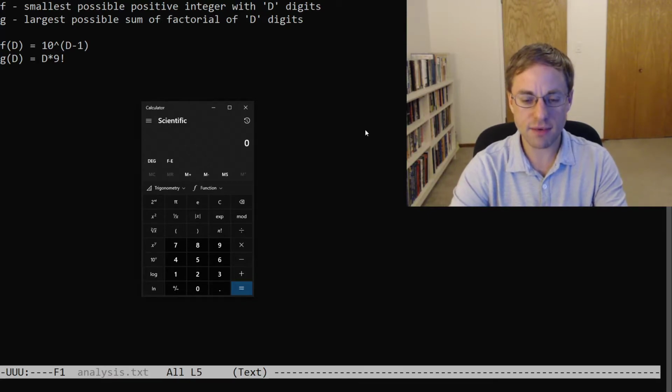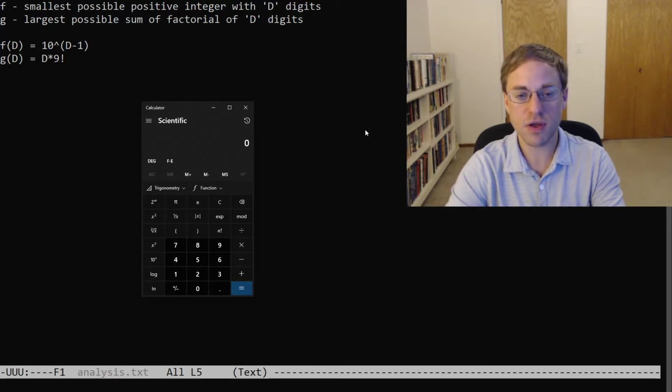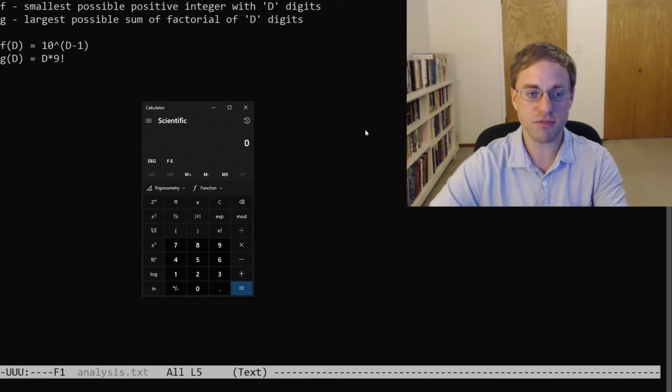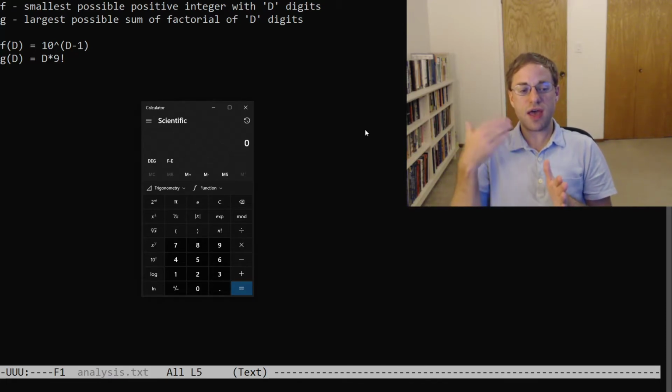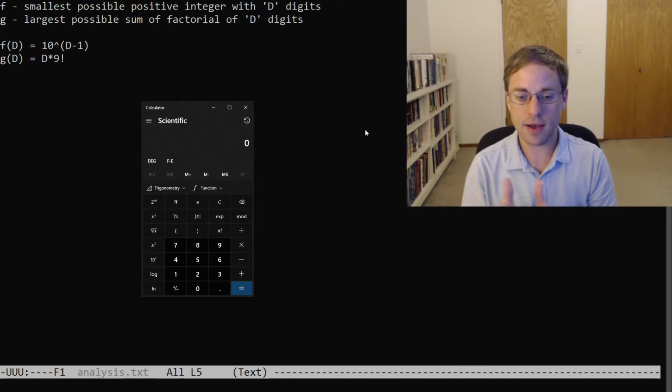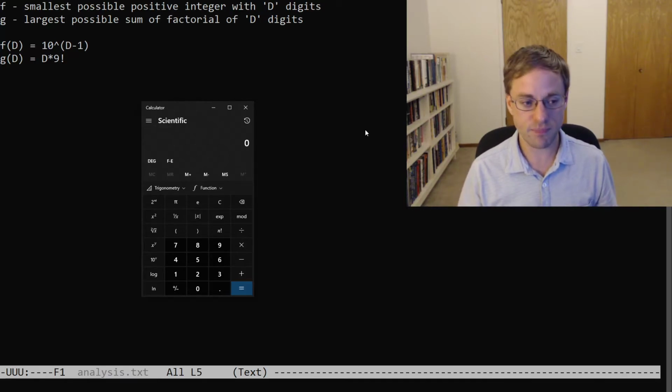We'll notice that 9 factorial is itself a 6-digit number, so obviously we don't have to consider whether the point at which f crosses g is at d equals 6. We know that it's some point beyond there.